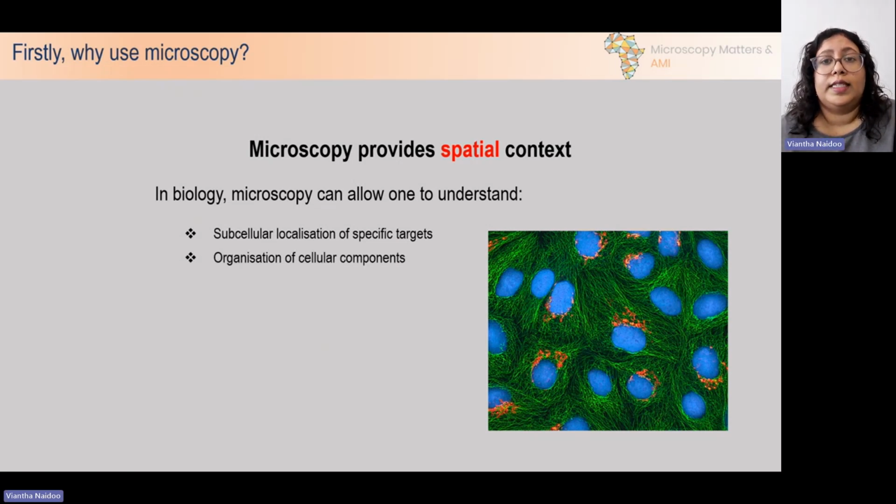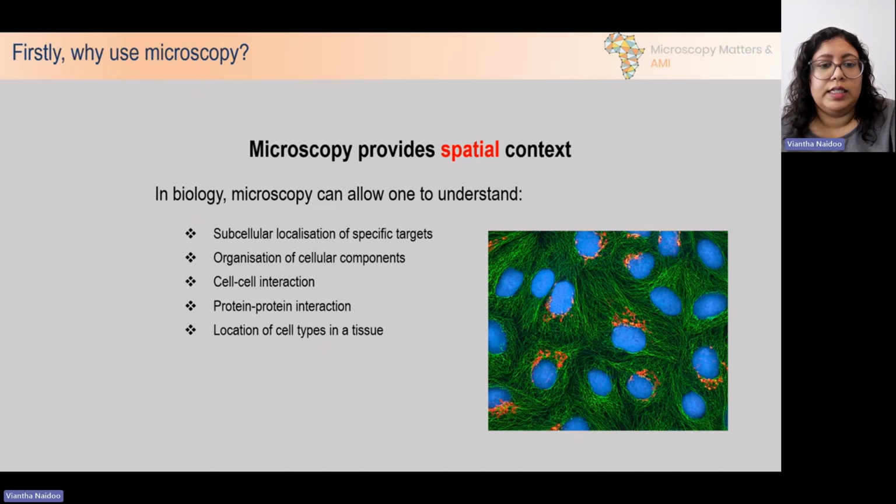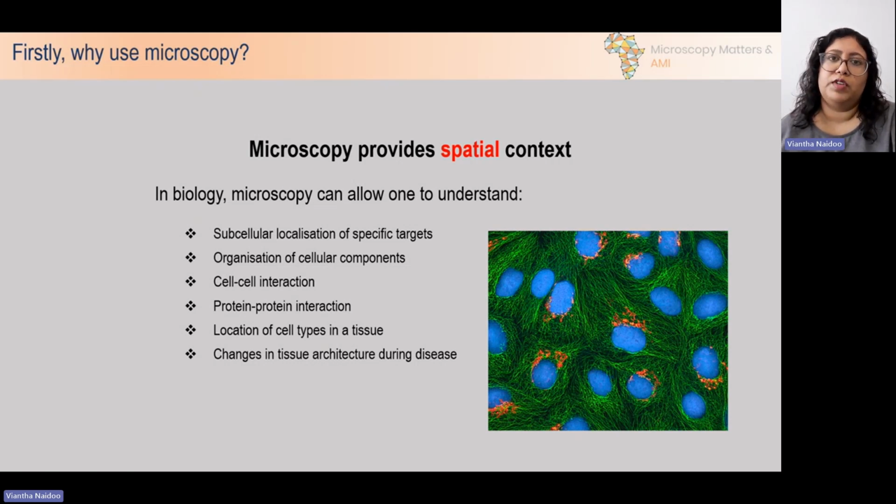It can tell us the organization of cellular components, the interaction between cells. It can help us study the interaction between proteins. It can tell us the location of specific cell types in a tissue. And it can tell us the changes in tissue architecture during disease and how that might further change when subjected to drug treatment. And these are just a few examples of many research questions that can be answered with microscopy.